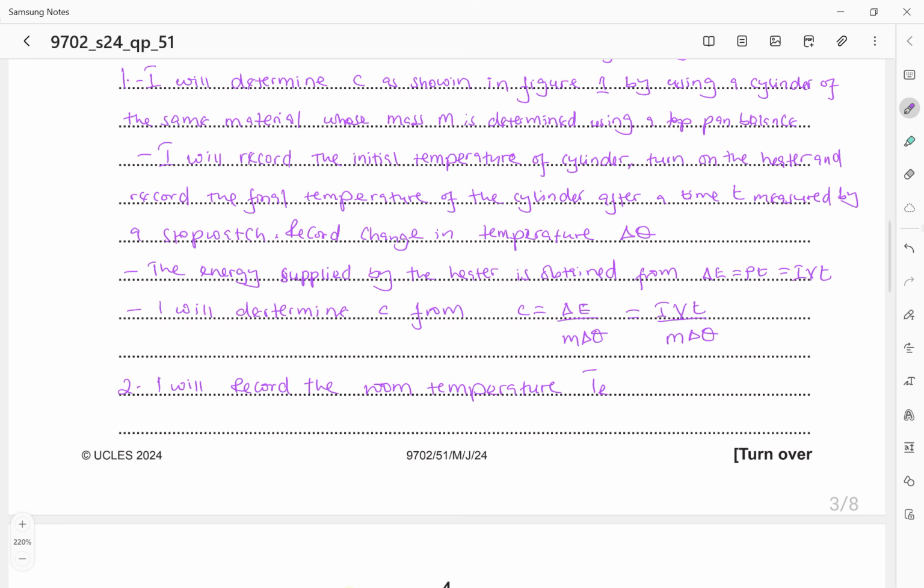It is called TR, from the thermometer. And of course, ensure that it remains constant, because we don't want the room temperature to change. So you should have a spare thermometer to always check and see that it has not changed.